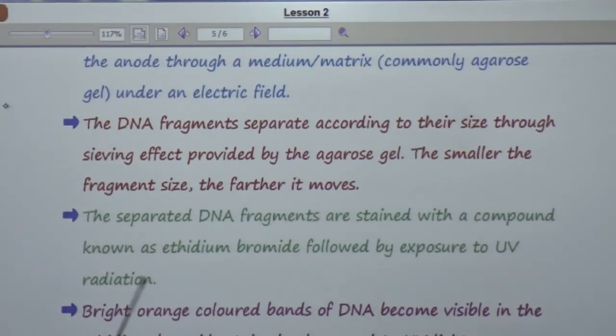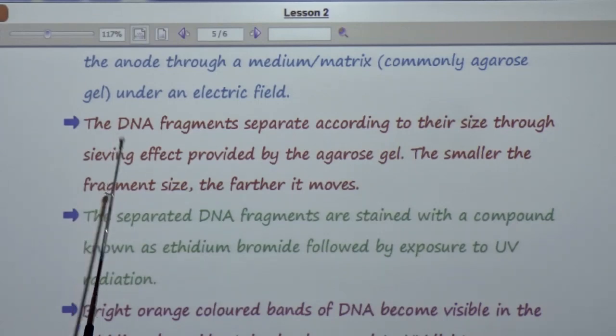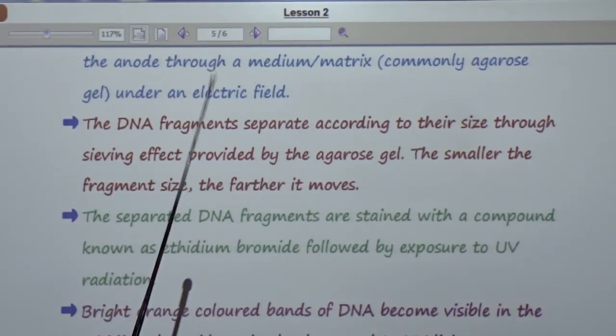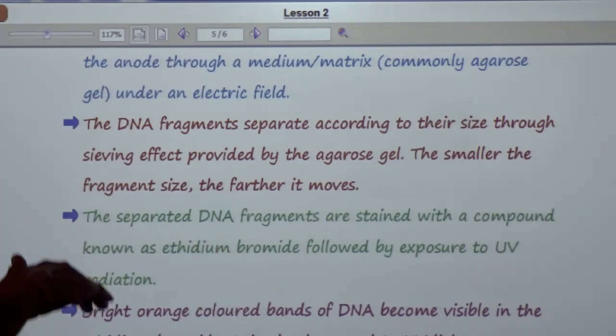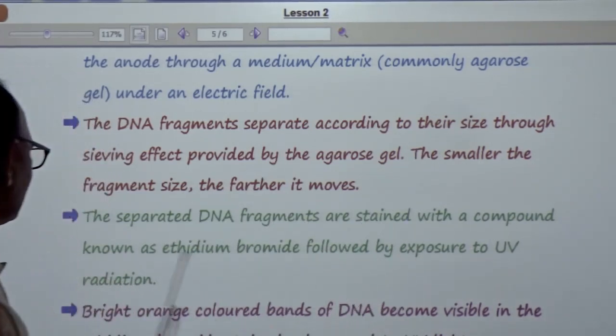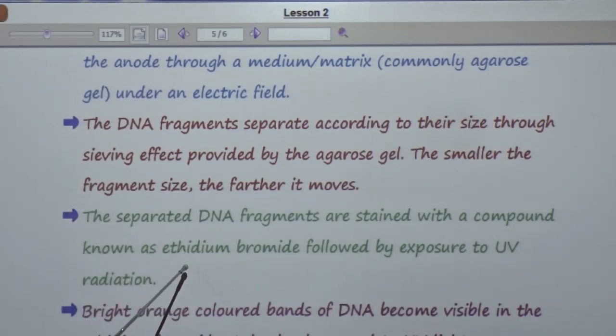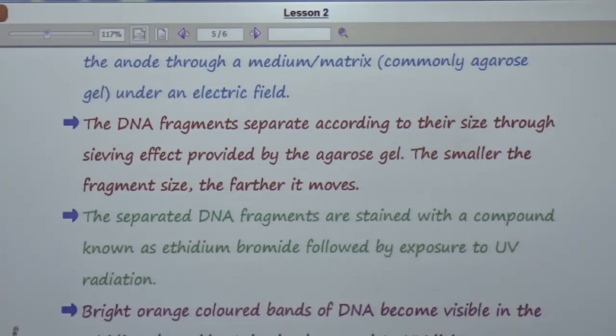The DNA fragments are separated according to their size through the sieving effect provided by the agarose gel. The smaller fragments move faster and take the upper position. The separated DNA fragments are stained with a compound known as ethidium bromide, followed by exposure to ultraviolet radiation.